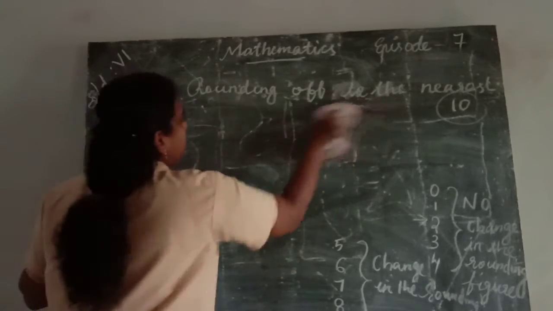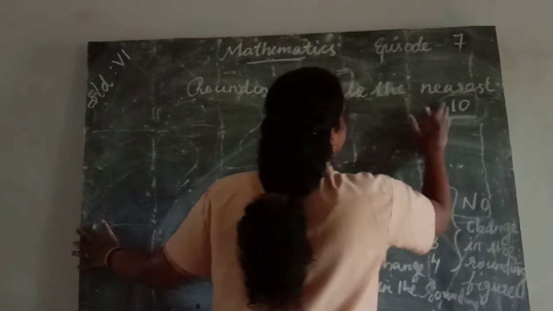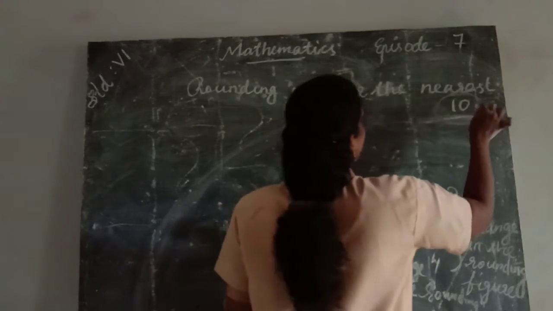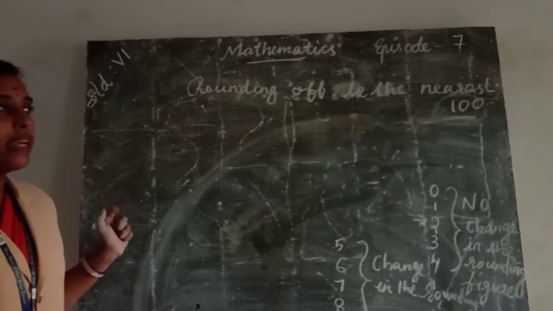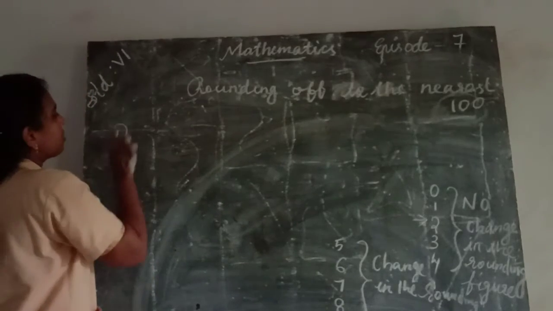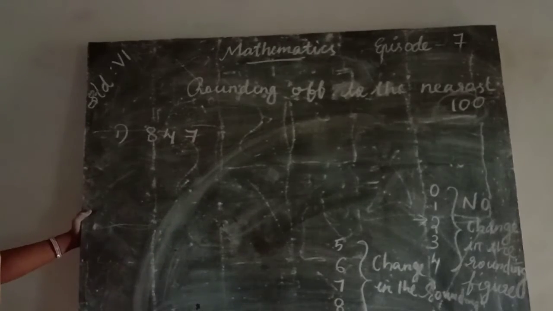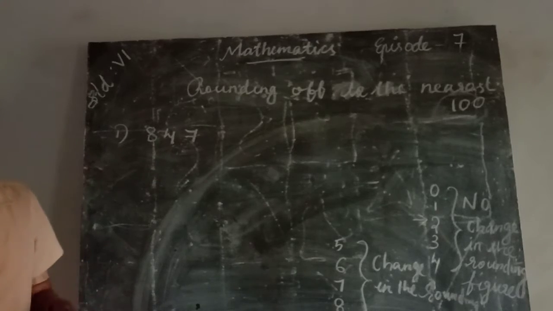Let's discuss another example. The question is rounding off the number to the nearest 100. Here the same question is given, 847. We want to round this number to the nearest 100.